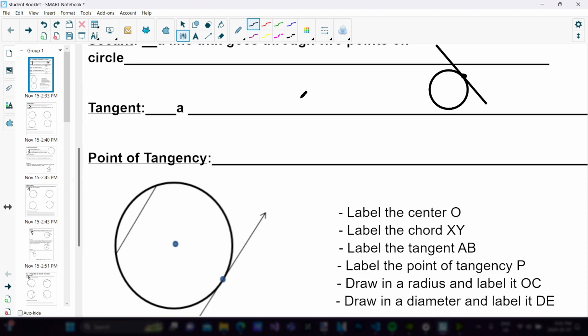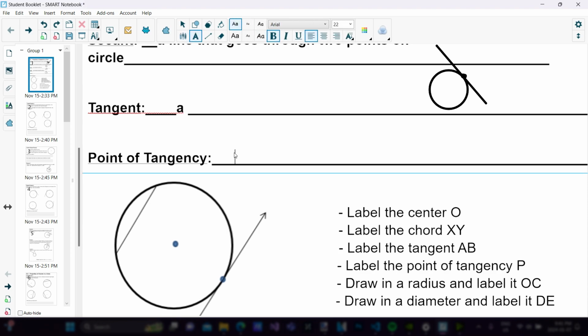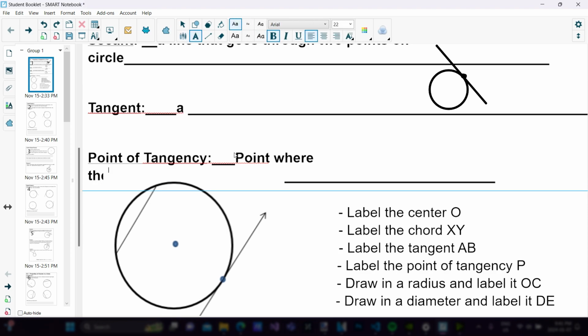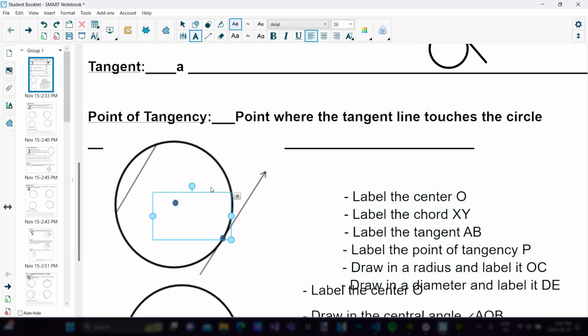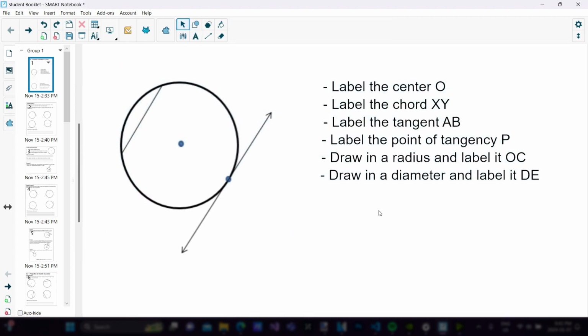So it's just the specific location that that tangent line touches the circle. So you could say it is the point where the tangent line touches the circle. There we go, that's easy.